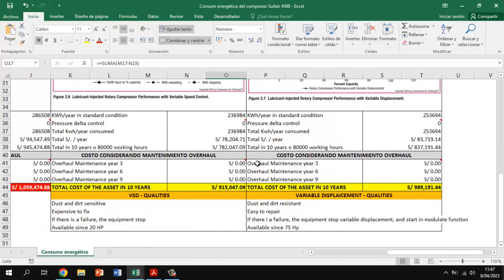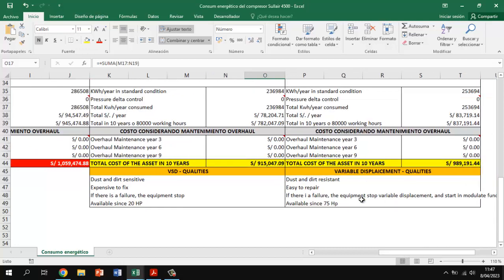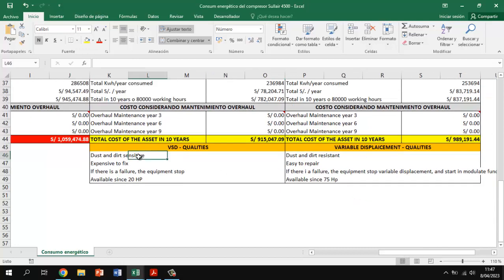But we have some qualities about that technology, and that's extra information for you. In the case of VSD, it is dust and dirt sensitive, and expensive to fix. If there is a failure, the equipment stops, and this is available from 20 horsepower. In the case of variable displacement, it is dust and dirt resistant, easy to repair if you have a good technician.